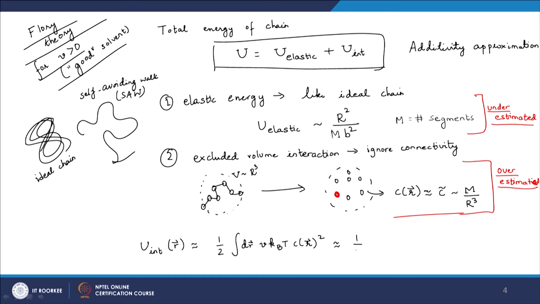In that case I can replace the integration over dr by the volume, and volume in this case is scaling like r cubed, and then we of course have v kB T, and then c is approximated as c tilde, which is m by r cubed, squared, and so this gives me something like v kB T m squared by r cubed.